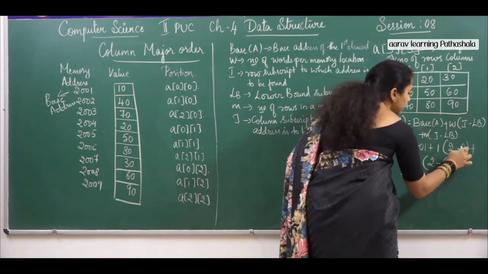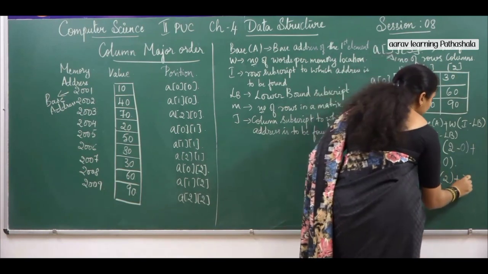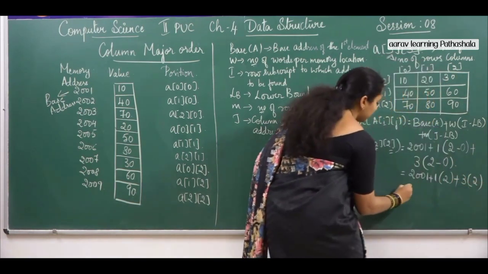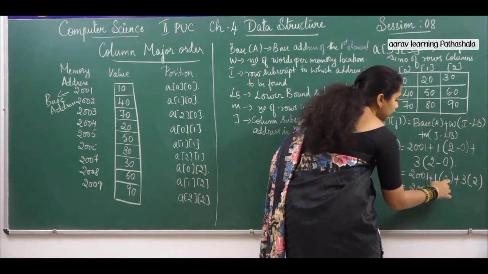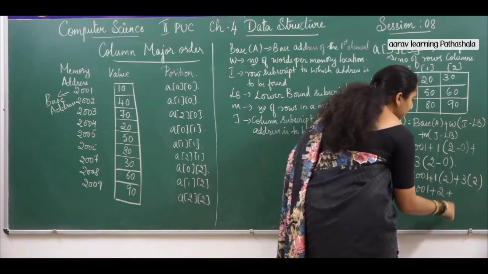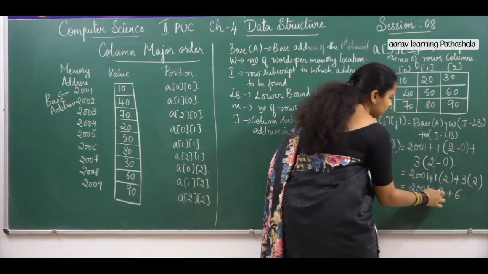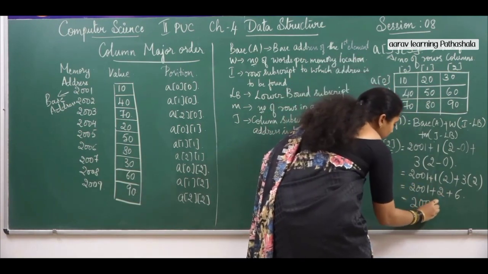1 into (2 minus 0) is 2, plus 3 into (2 minus 0) is 2. So 2001 plus 1 into 2 is 2, plus 3 into 2 is 6. So 6 plus 2 is 8, 8 plus 2001 is 2009.